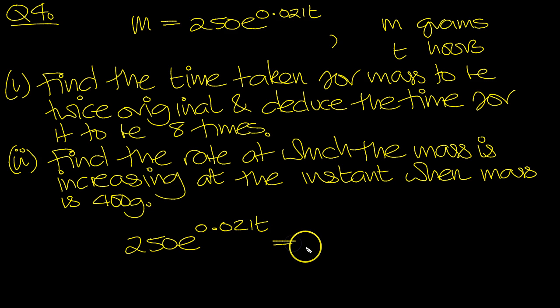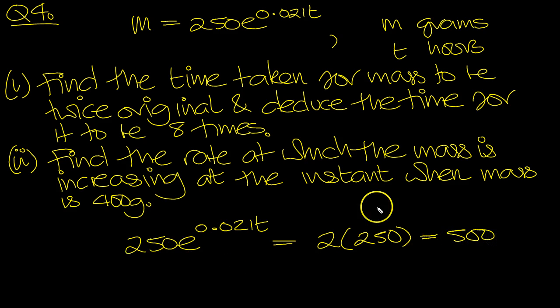It's going to equal twice the original, so twice what the mass is initially when t is 0. Well, you get 250 to start with, don't you? So it's 2 times 250, which is 500.